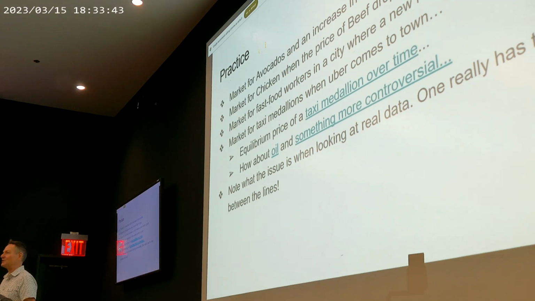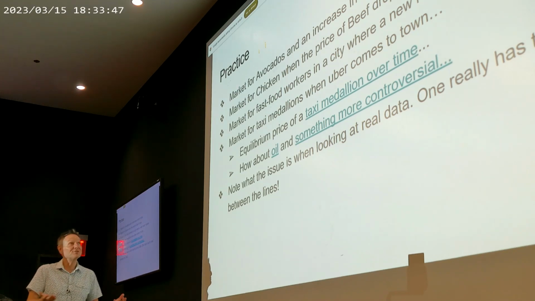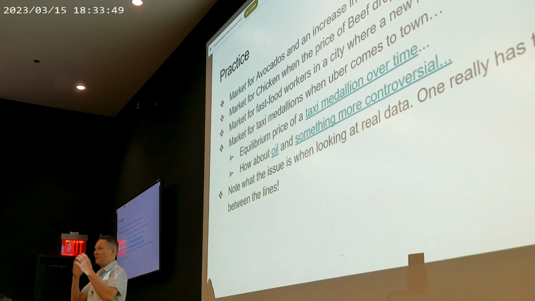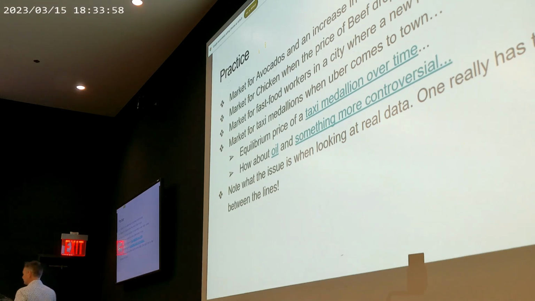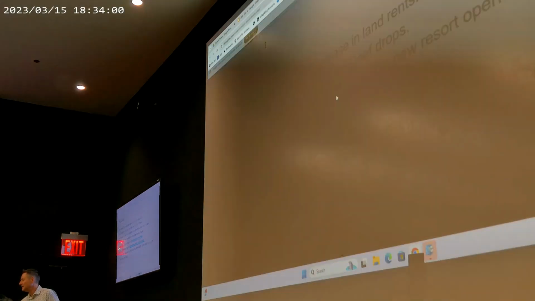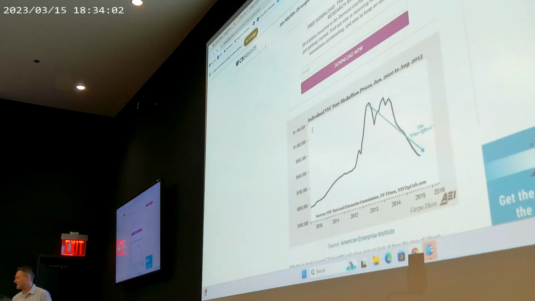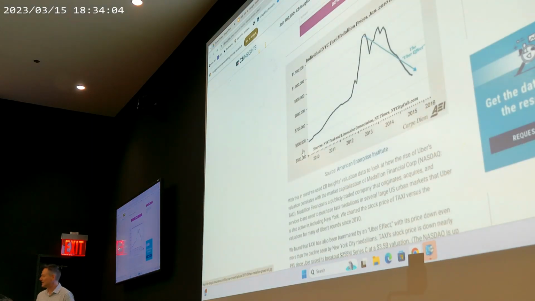This is also a way of congratulating you on getting this straight in your minds, because it's not so simple to think about something that you see in the real world and imagine all the machinery working behind it. So one thing that's interesting here is the price of a taxi medallion in New York City over time.